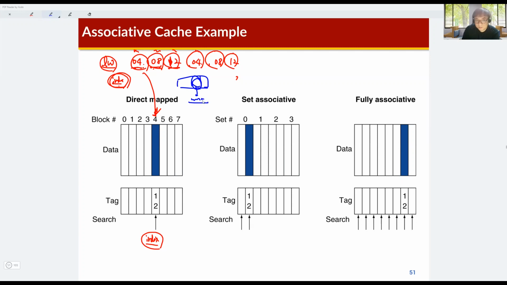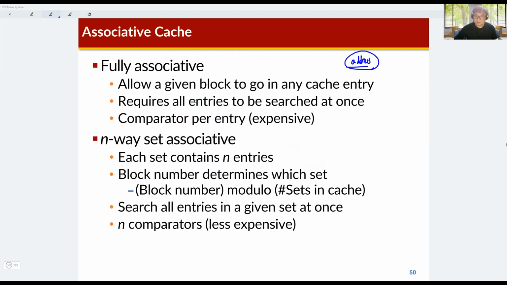But if we remove this rule and store the entire address for the data, then we can store a given block to any cache entry.